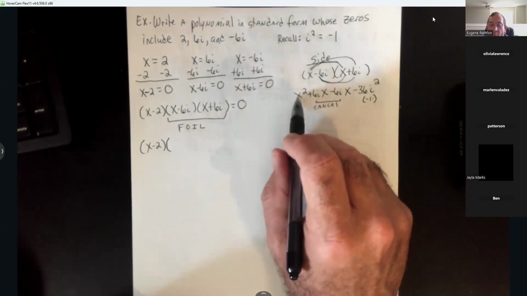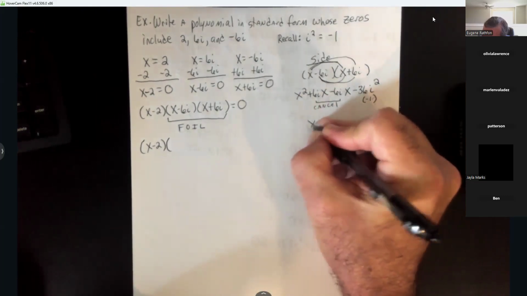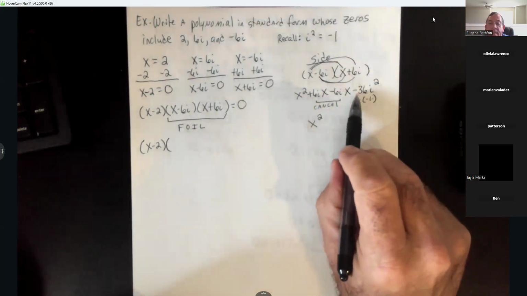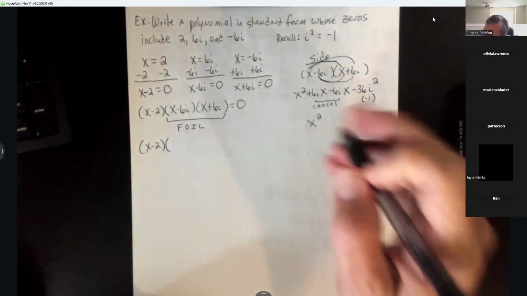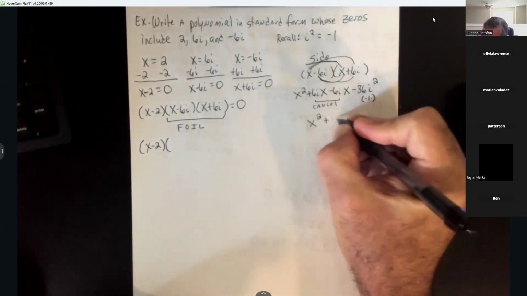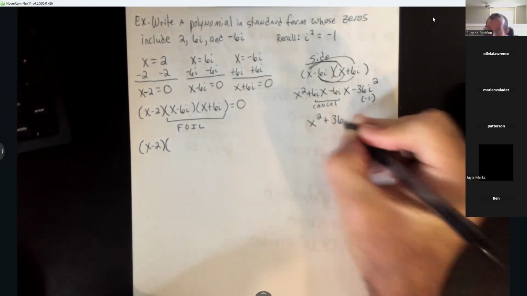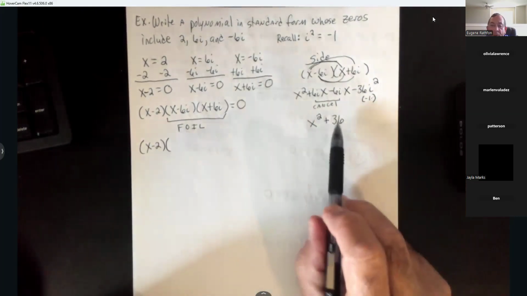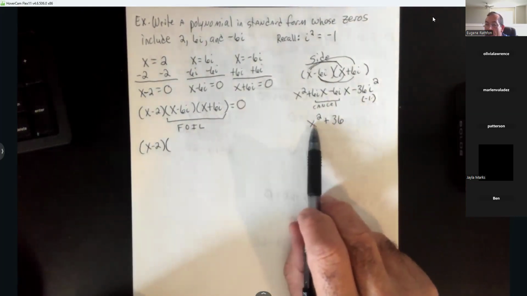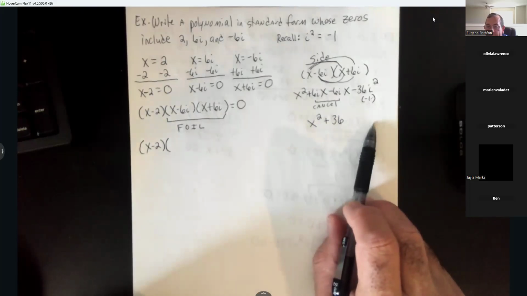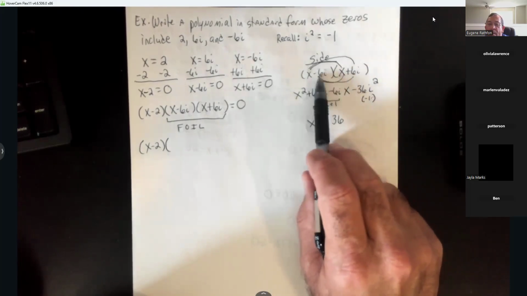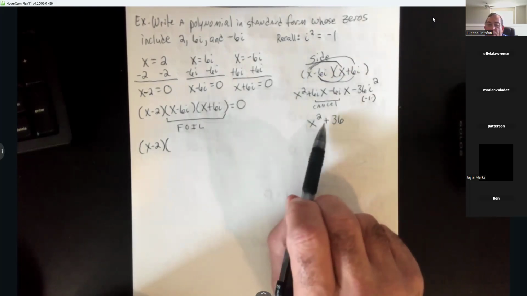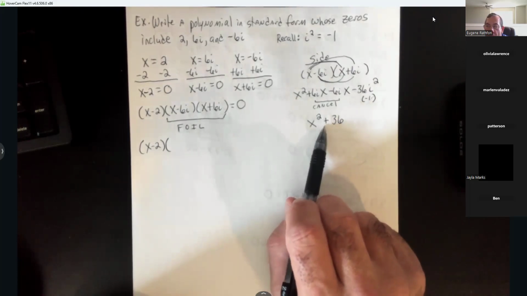So you're technically going to replace that i squared with a -1 and multiply by that negative 36. I'm going to bring down my x squared. This negative 36 times that -1 makes a positive 36. And look, the i's are gone. Anytime you FOIL conjugate pairs of imaginary numbers, it will end up positive.